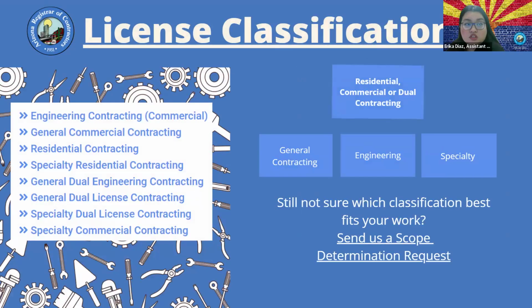Okay. So once we get an idea of the type of entity you're applying as, now it goes into determining the type of license you are applying for. We do have several types of licenses that cover several different scopes. So you do want to get an idea if you're doing residential work, commercial work, or if you plan on doing both. And if so, what type? If you're doing general contracting, so ground up work, new builds, items like that.